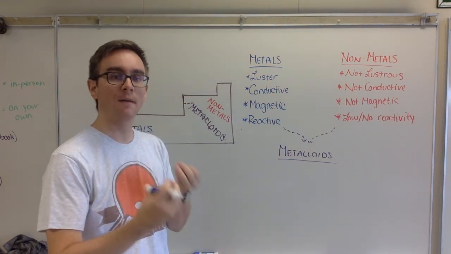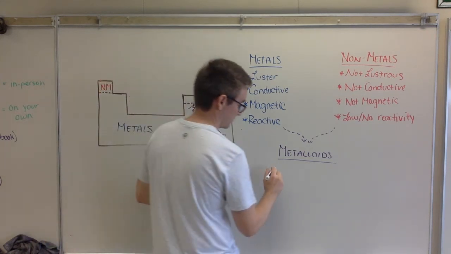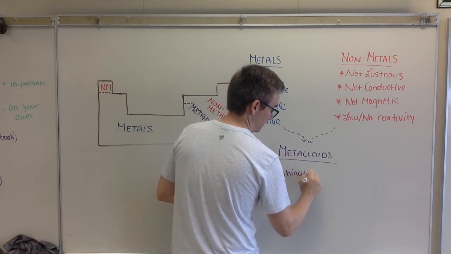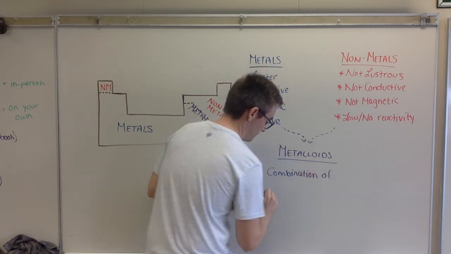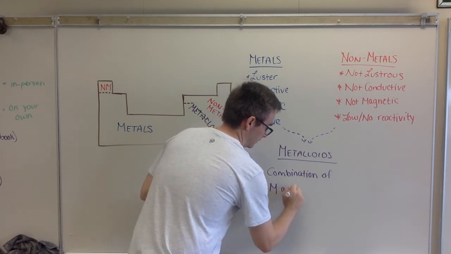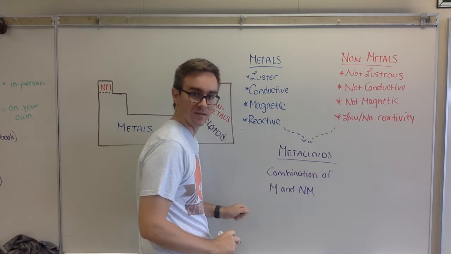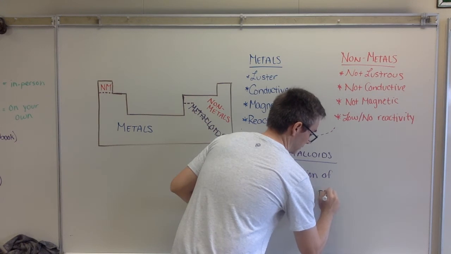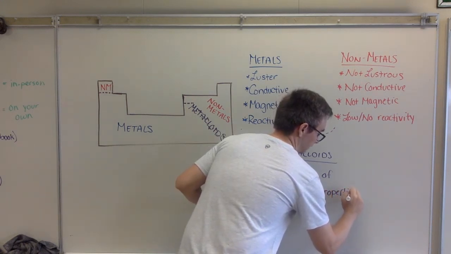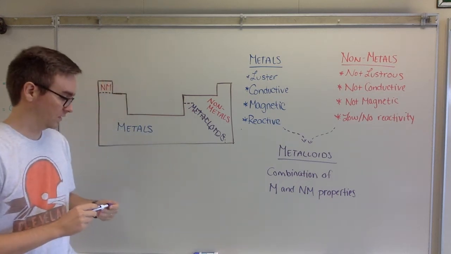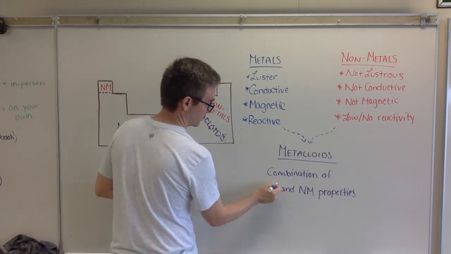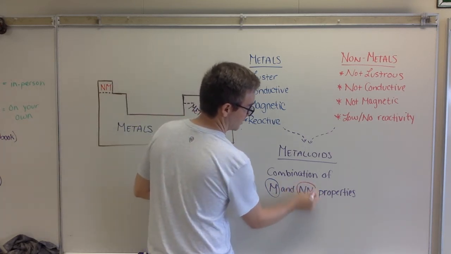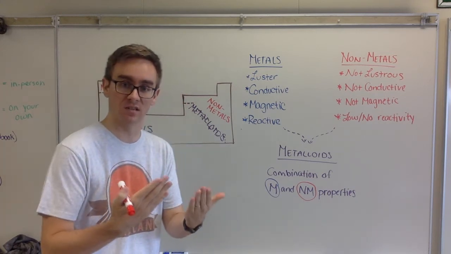It's a combination of different properties, a combination of metal and non-metal properties. So it's a combination of maybe a little bit of some metallic properties and some properties of non-metal. Each metalloid is a little bit different about which combination it is.